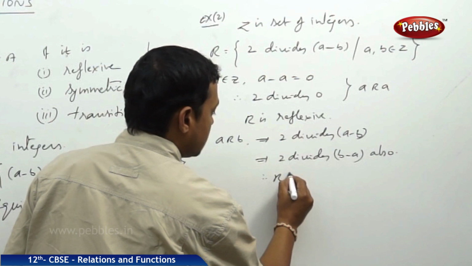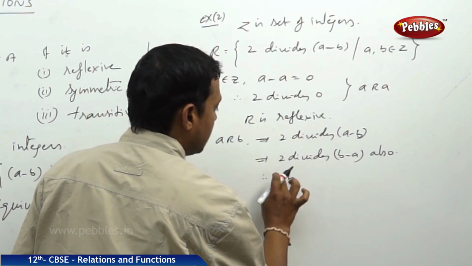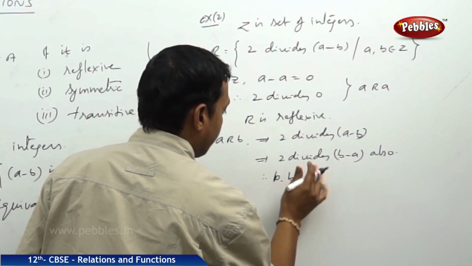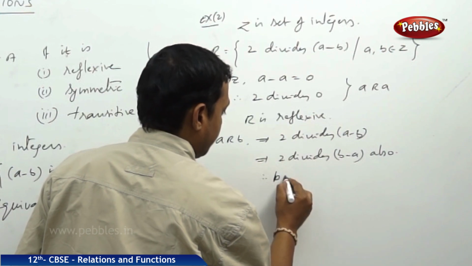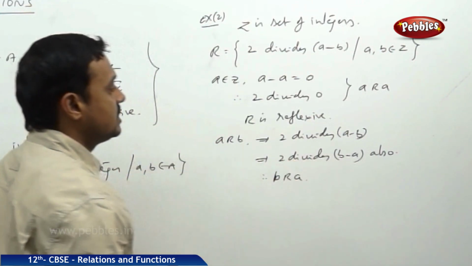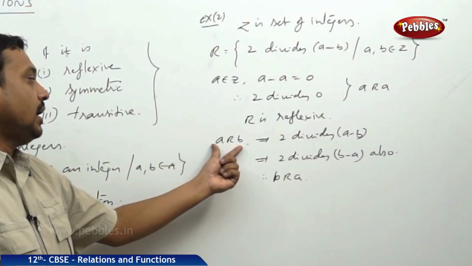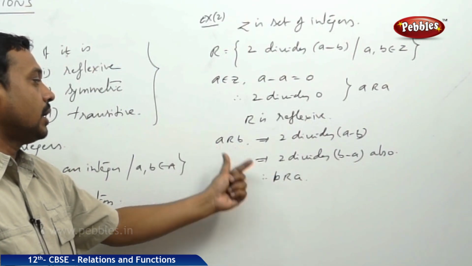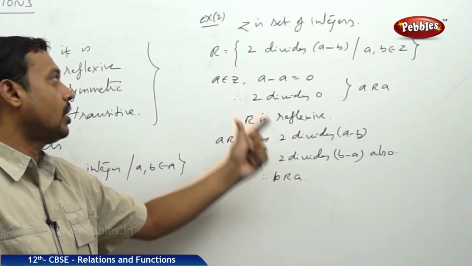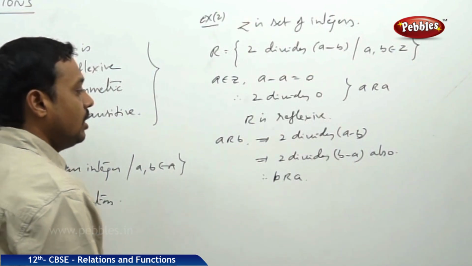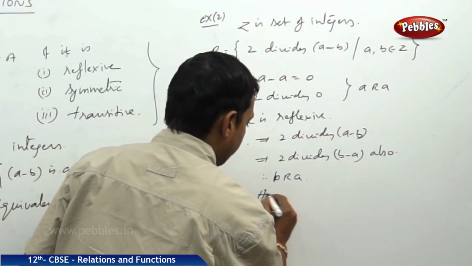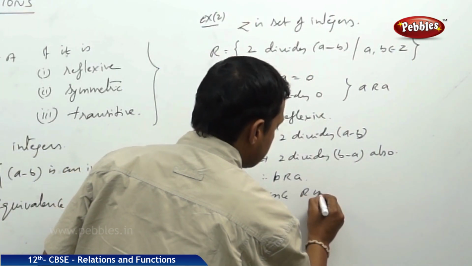Therefore, B is related to A. Hence, for every (A, B) belonging to R implies (B, A) also belongs to the same relation R. Hence, the relation R is symmetric.